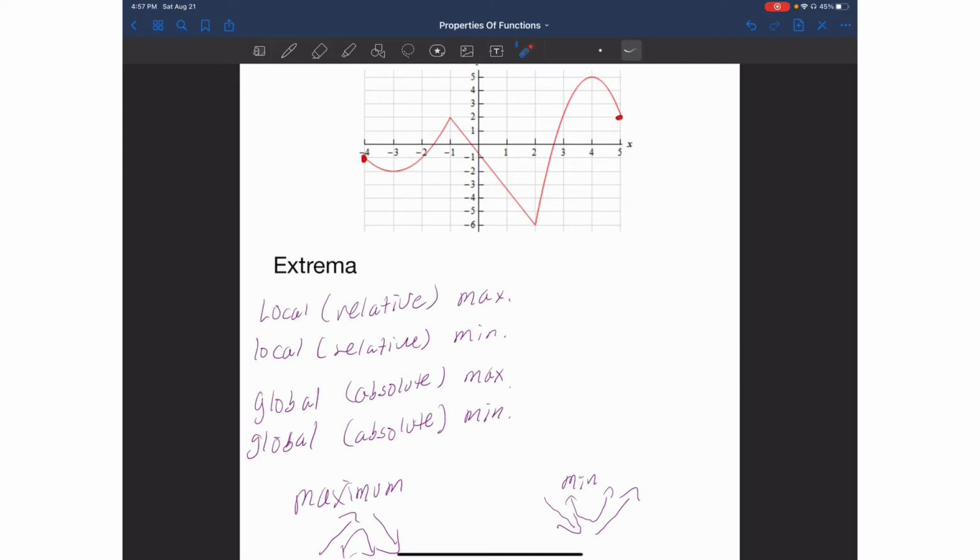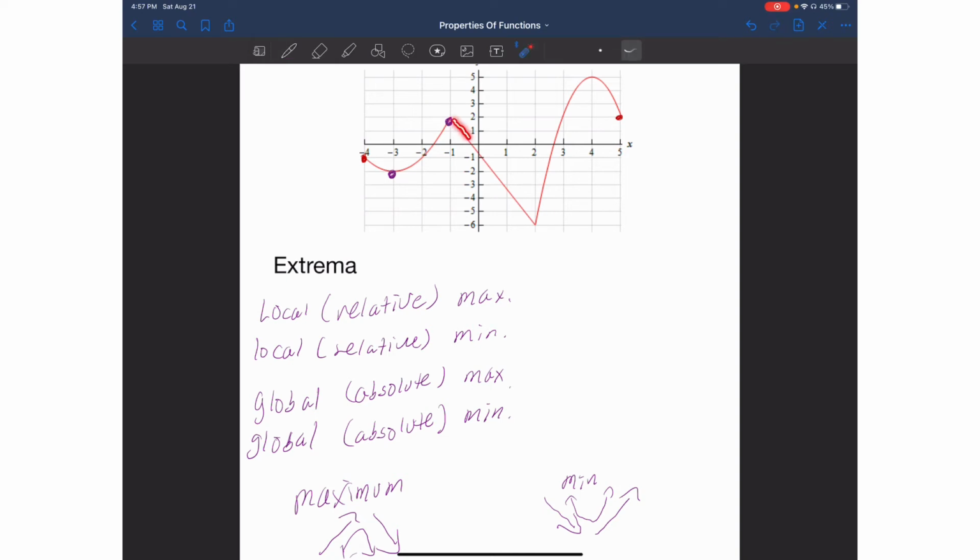So looking at my graph, I can see that my graph was decreasing here and then it started to increase. So this is going to be an important point that I have to worry about, because it is going to be an extrema. Then it starts increasing, going up, up, up until here, and then it starts coming down. So I have another extrema here.